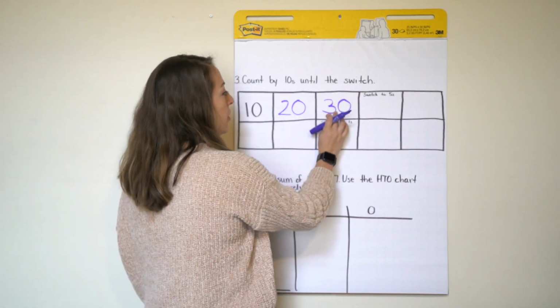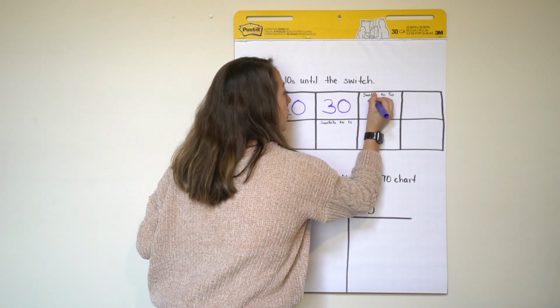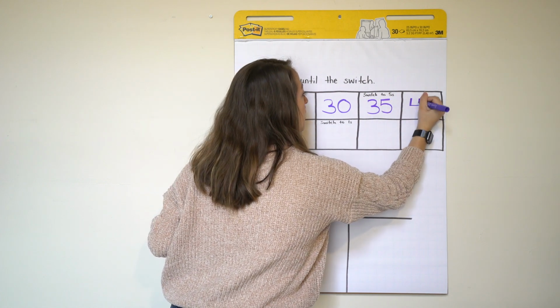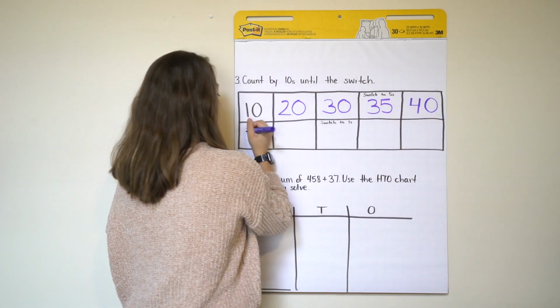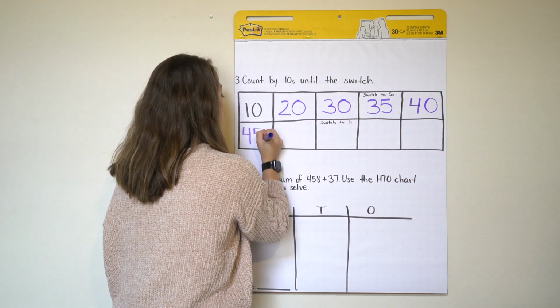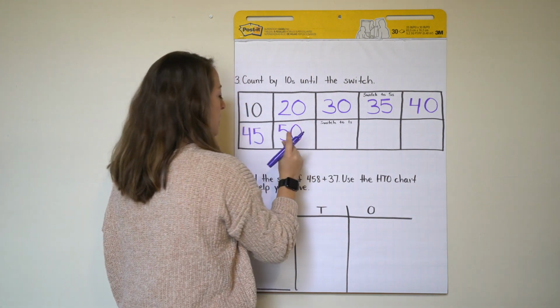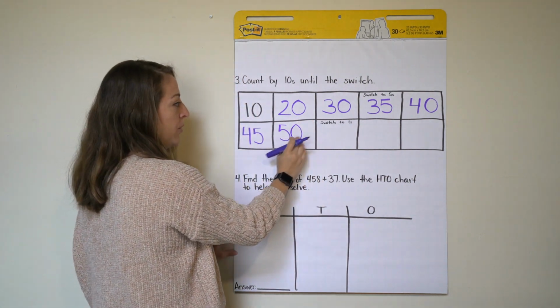Okay, so 30, 35, 40, 45, 50. Now I'm going to stop here. Now you're going to count by 1s.